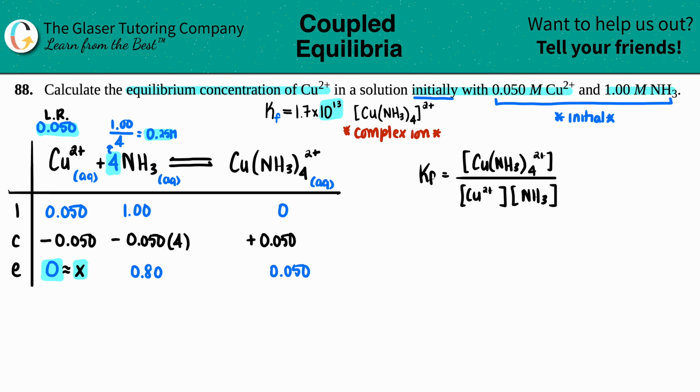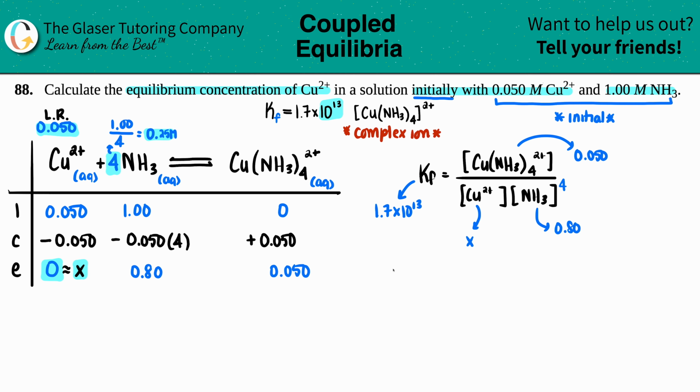Keep in mind that because you have a 4 in front of the NH3, this concentration has to be raised to the 4th. And now let's just plug in our numbers. Kf is going to be 1.7 times 10 to the 13th. This is going to be 0.05. The copper is going to be the x value, and the NH3 is going to be the 0.8.